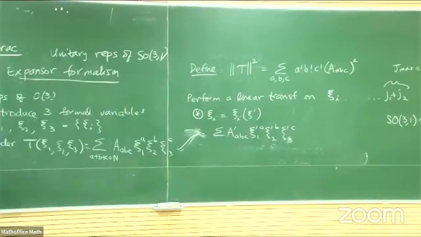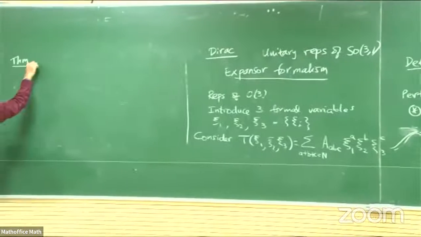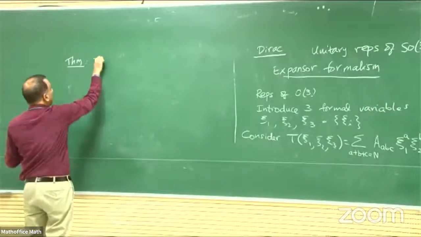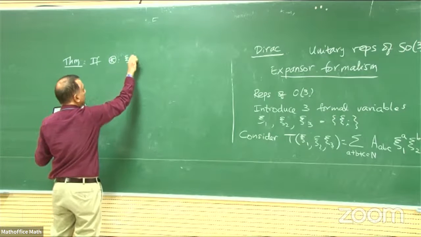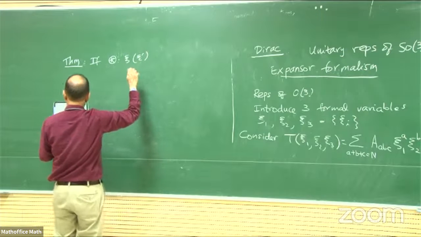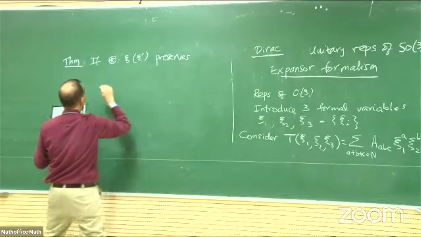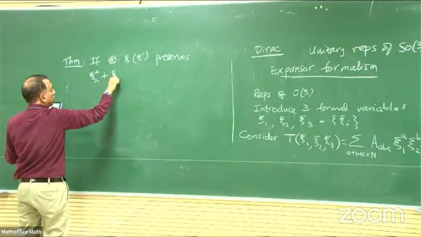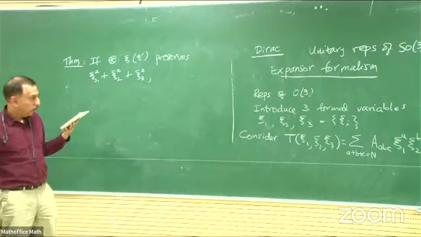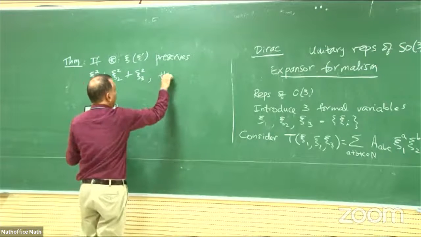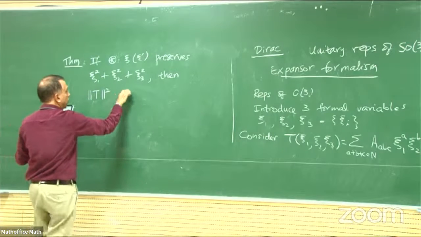The first thing Dirac does with this is to prove a theorem. And this is what gives the representation. Theorem says, if star, that transformation there, which writes psi in terms of psi prime, preserves psi1 squared plus psi2 squared plus psi3 squared, then mod t squared, as he has defined, remains invariant.